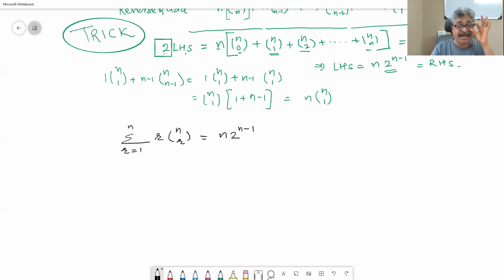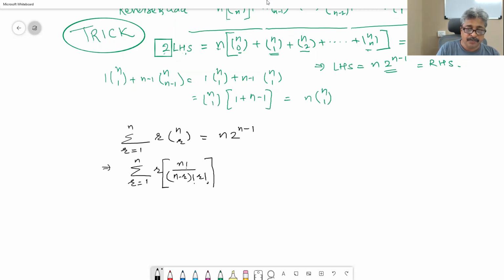Now it is critical. I might also struggle. You have to pay proper attention. This implies sigma r goes from 1 to n, r as it is, and let me write down the meaning of n choose r, which is n factorial divided by n minus r factorial into r factorial. Which is equal to sigma r goes from 1 to n. Now I can cancel this r from this place to this place.